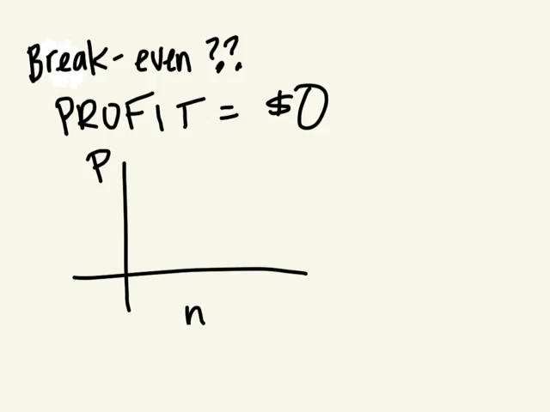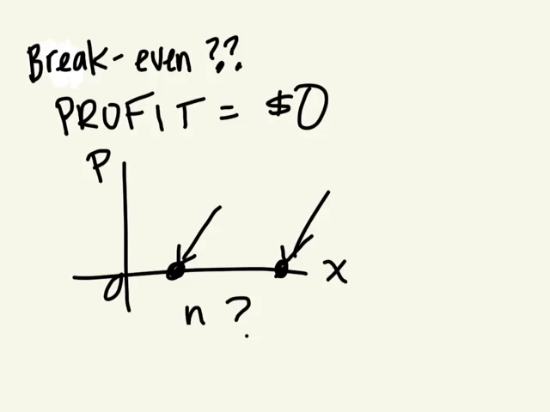So if profit is 0, where will that be on the graph? If profit is 0, we need to know the number of tickets. The number of tickets could be 100, it could be 50, it could be anything. We have to figure it out. It's going to be located where? The x-intercepts. When the profit is nothing, wherever it is located on the graph, the number of tickets will be the break-even point.